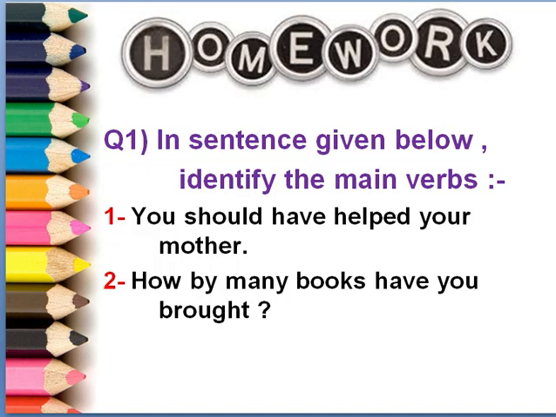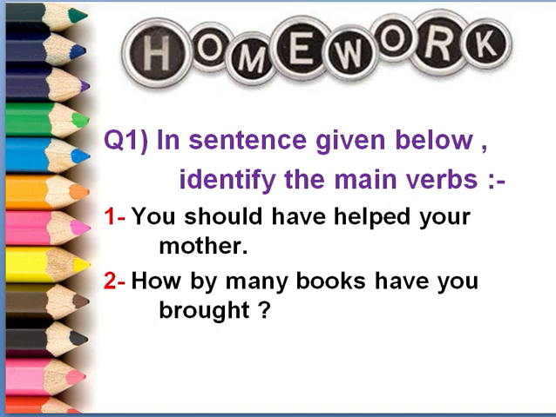Student, it's time for your homework. Let's see question number 1. In sentence given below, identify the main verbs. And here you have to tell the states also. There's action, event and state in this, okay?